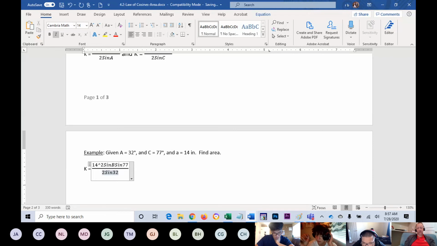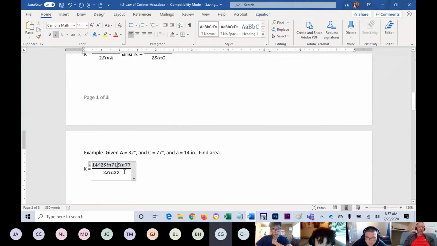Add 77 and 32 and then minus 180. Okay, so 77 and 32 is 109. If we subtract that from 180, 180 minus 109, we're going to get 71.